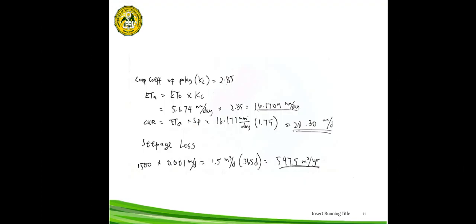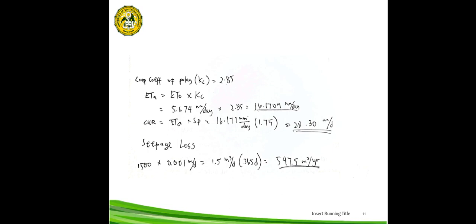The crop coefficient of palay is 2.85. To get the evapotranspiration, we multiply ETo times the crop coefficient. So 5.674 mm per day times 2.85 has a result of 16.17 mm per day.